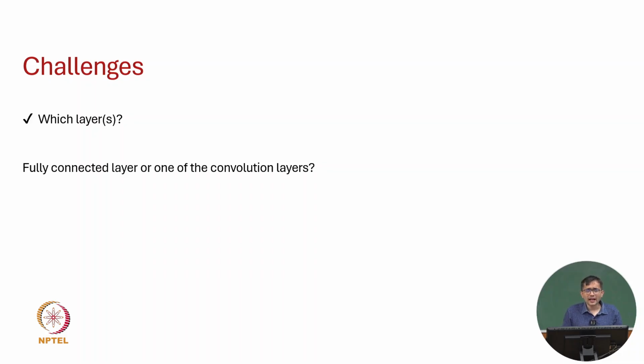Even if we extract the feature from one of the convolution layers, it's not that we'll get the same spatial dimension. Let's say our input was 224 cross 224 cross 3, so the spatial dimension was 224 cross 224, right? Depending on the layer, it could be the case that the feature that we are getting is 56 cross 56 cross, let's say, some 112.